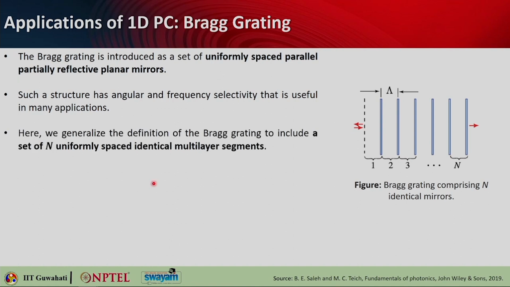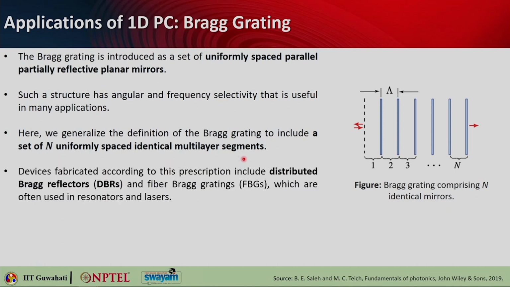Here we will generalize the definition of Bragg grating to include a set of n uniformly spaced identical multi-layer segments. The devices fabricated using this grating are distributed Bragg reflectors, DBRs, and fiber Bragg gratings, FBGs in short, and they are often used in resonators and lasers.